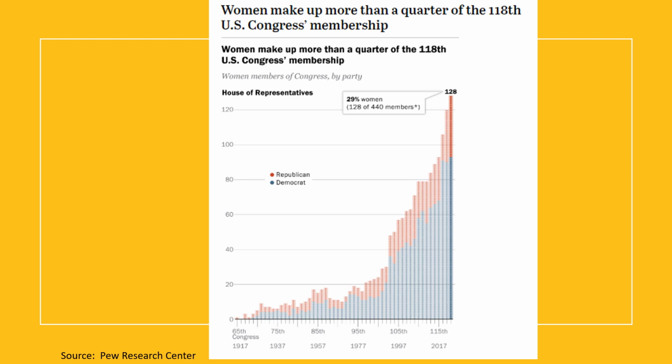What about women's participation? States were denied the right to deny women the right to vote as of 1920. And what we see here is that since 1920, looking at this graph, the number of women in Congress has increased tremendously.